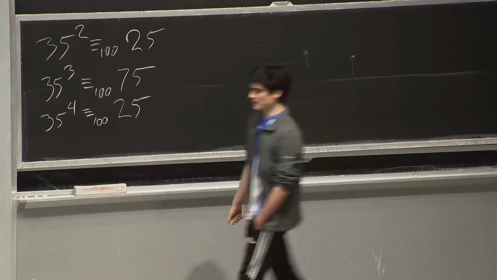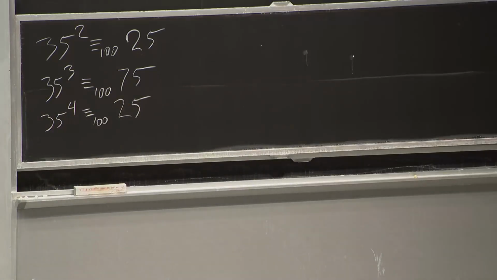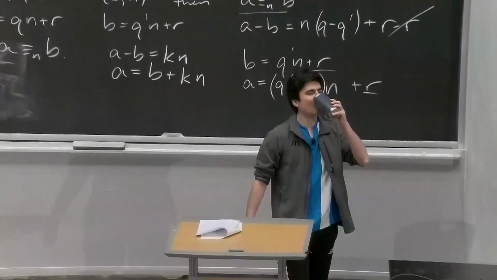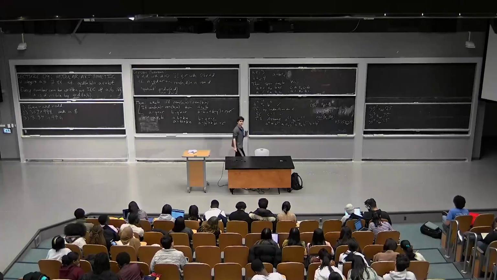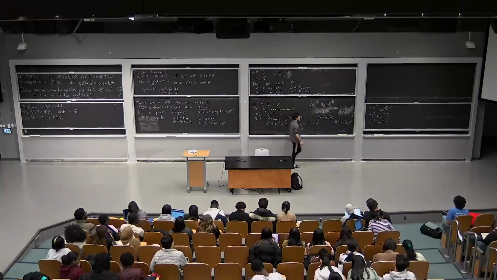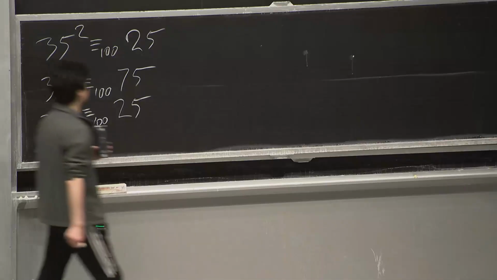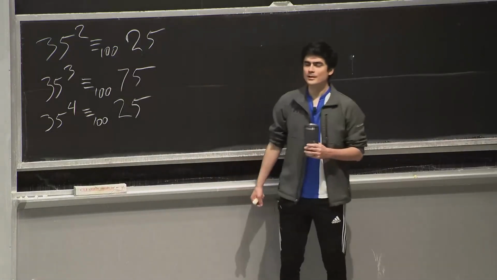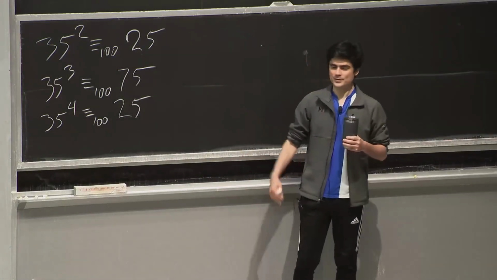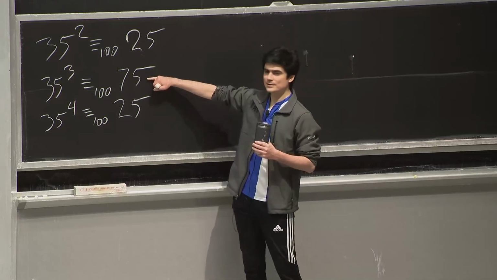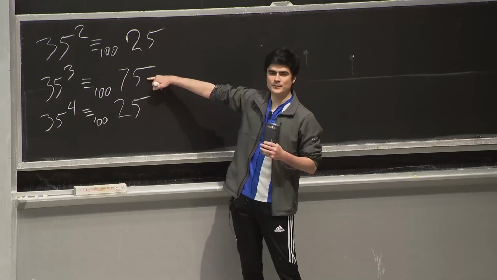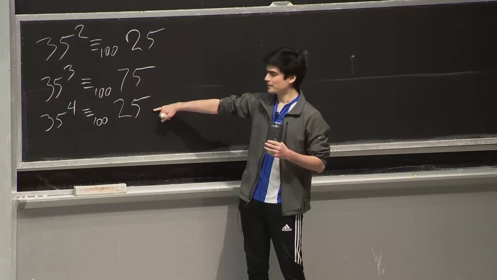So what's going to happen after this point? What happens as we continue multiplying by 35? Yeah. The answer was it'll alternate between 75 and 25, right? Whenever we have an odd power, as long as it's greater than 1, when we exponentiate 35, it's going to be 75. Whenever we have an even power, it's going to be 25.